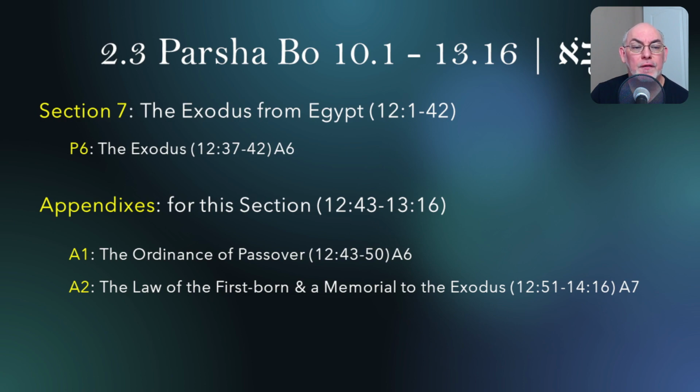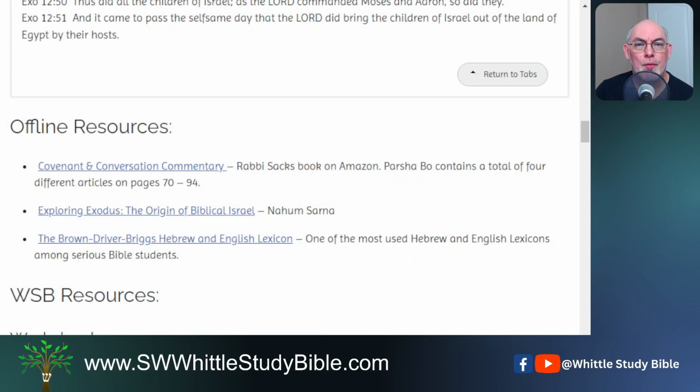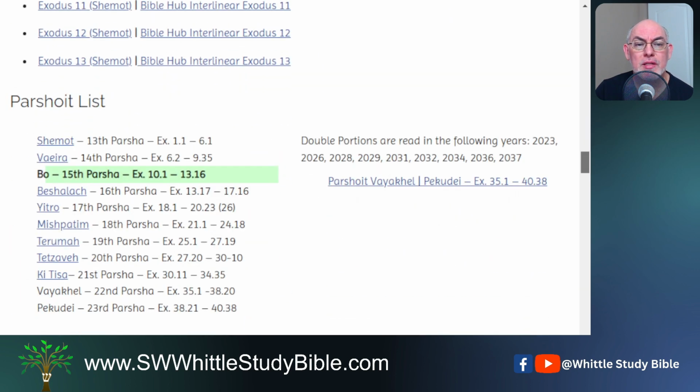Let's read 12:51 right now. So 12:51 says, "And it shall come to pass the selfsame day that the Lord did bring the children of Israel out of the land of Egypt by their hosts." Okay, if we're going to complete the entire thought, we will go into next week's Torah portion.